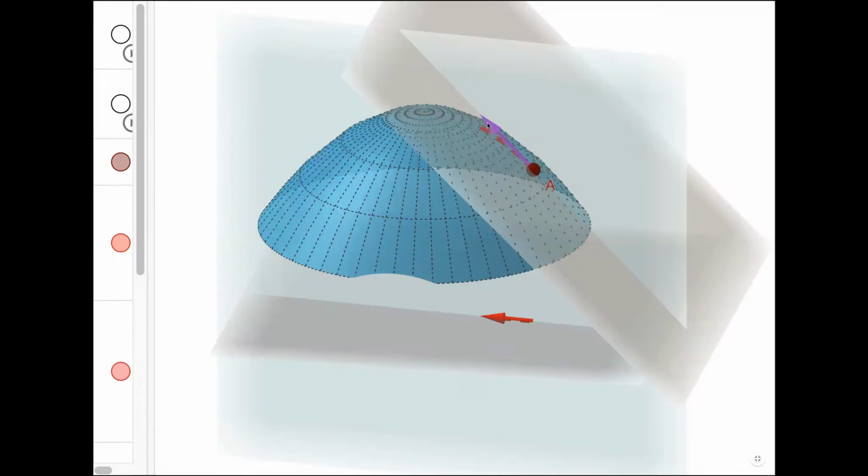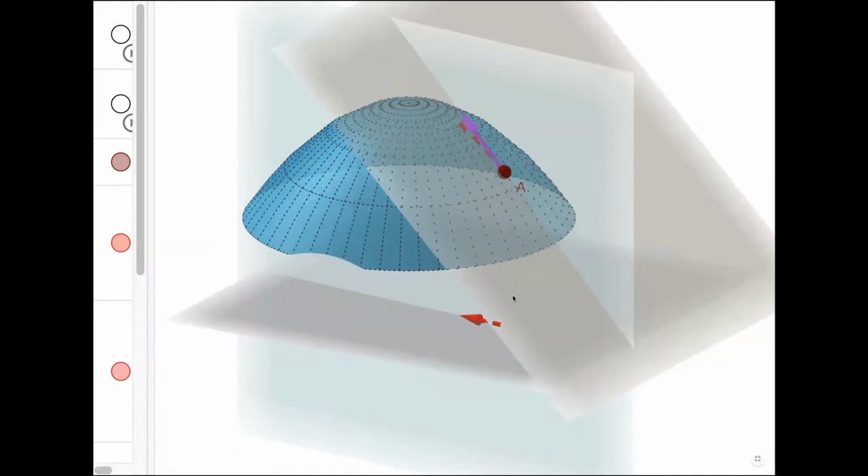Then you find a vector tangent to that curve, which is pointing toward the direction of the directional derivative, basically.